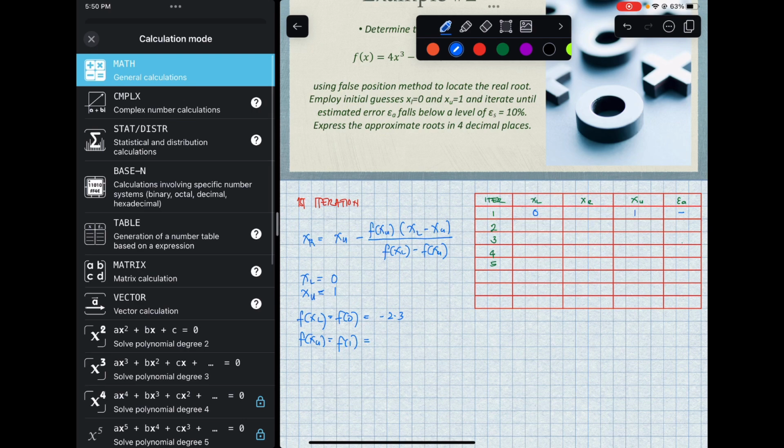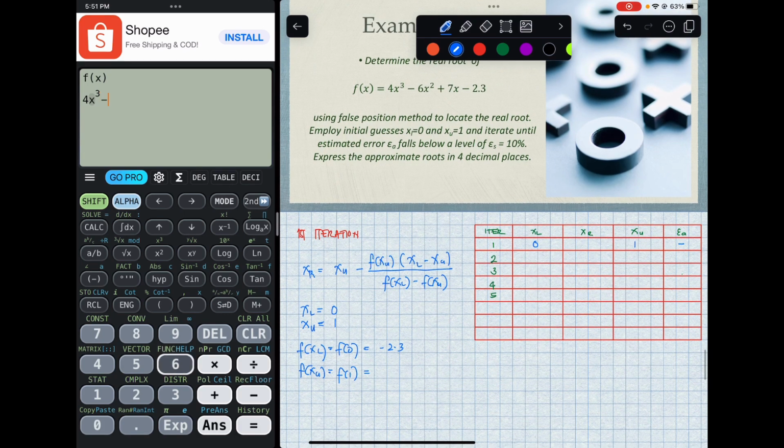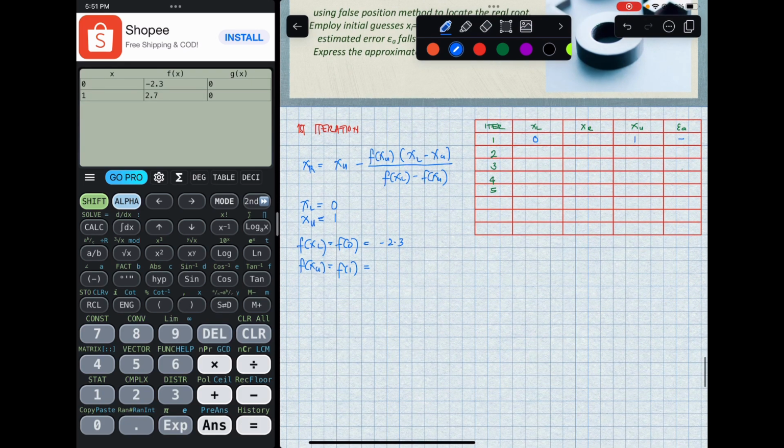Just to recall, we have 4x raised to 3, minus 6x squared, plus 7x, then minus 2.3. That would be 0, then we have 1. The step size is 1 as well, giving us 2.7.